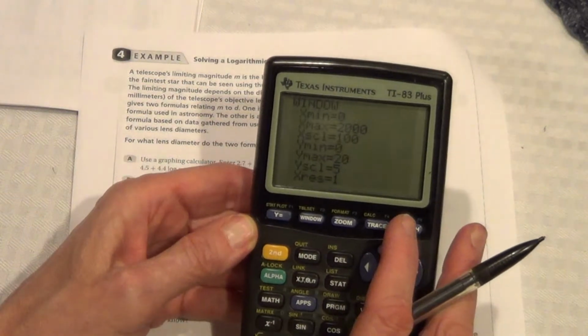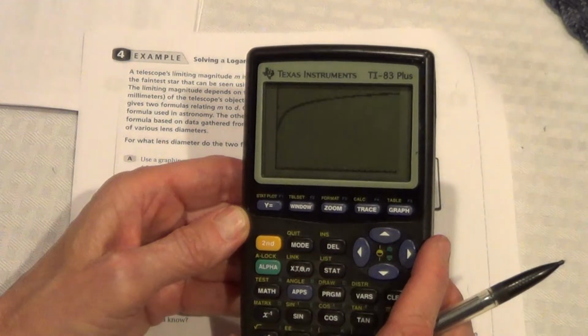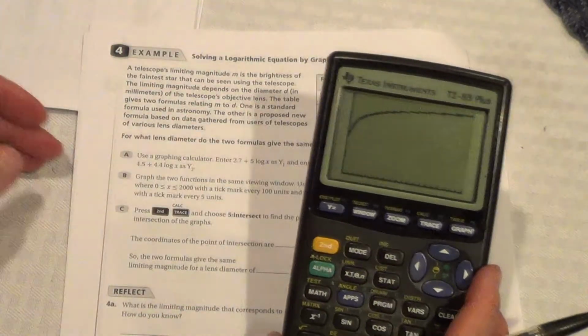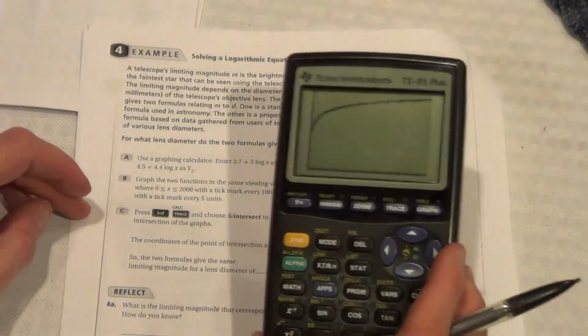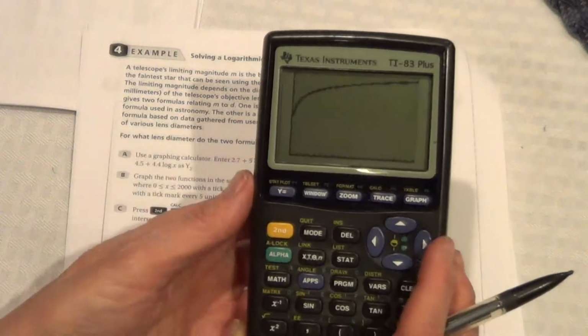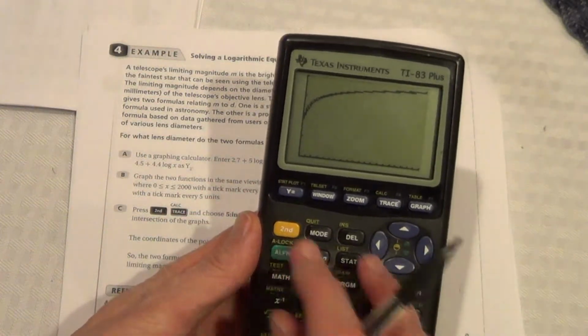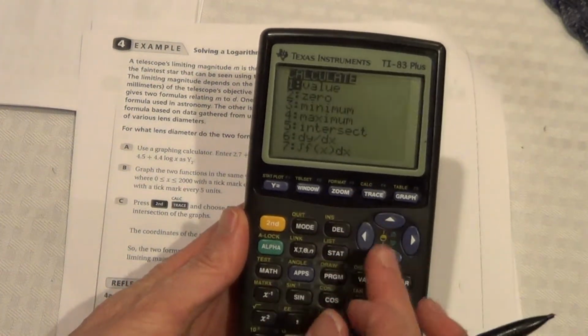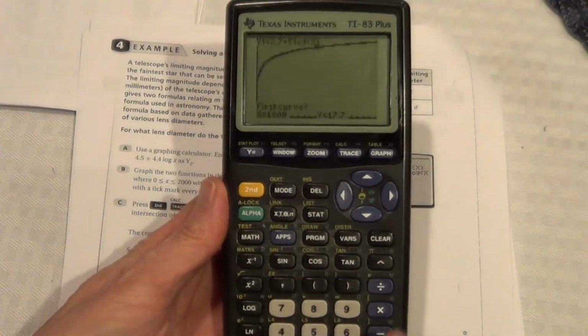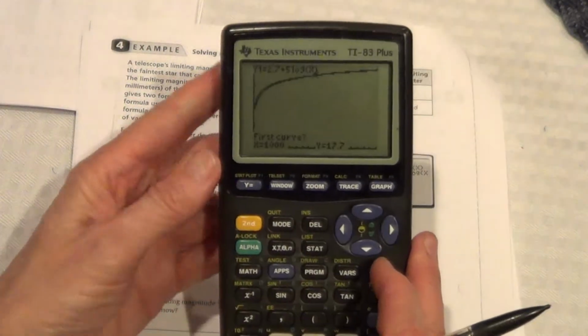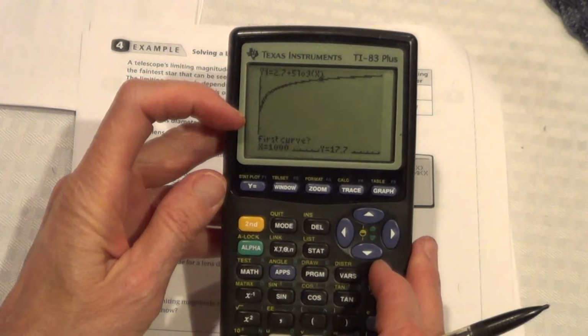So we've got that set up. Now we hit graph, and there are the two graphs. Okay. Now, it would be almost impossible to see where those two intersect just by looking at that. So they tell us to go second, trace, and go down to intersect. And hit enter, and it will bring up right here where they intersect.